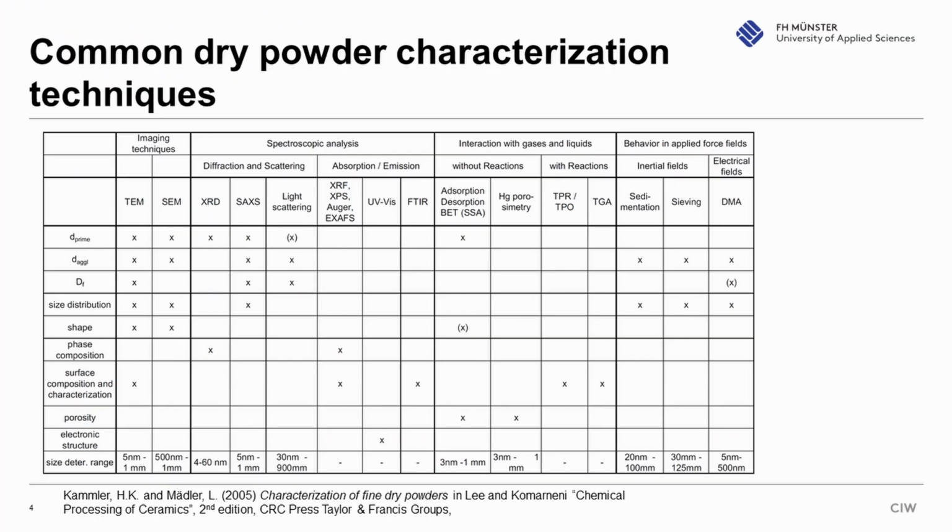Good. So here is, in my case, a very important table from a nice book. In this table, you see an overview about different techniques, and you also see what you can get from these techniques. So we have TEM, SEM, as you mentioned, imaging techniques. And you see here the primary particle size, the agglomeration size.